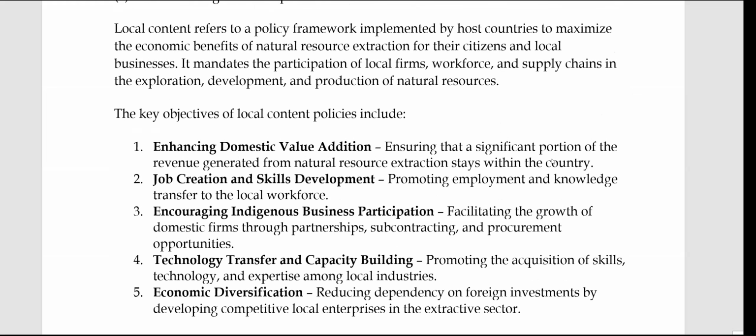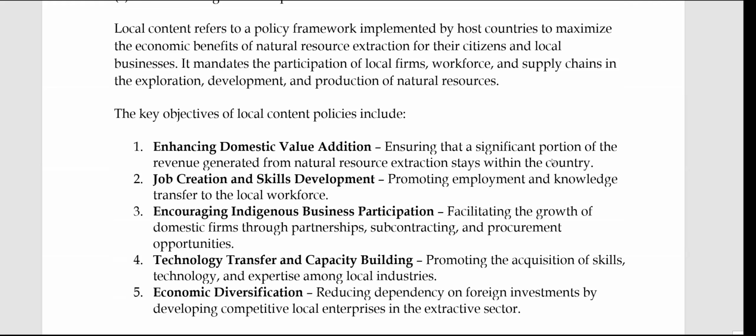The key objectives of local content policies include: one, enhancing domestic value addition, ensuring that a significant portion of the revenue generated from natural resource extraction stays within the country. Job creation and skill development, promoting employment and knowledge transfer to the local workforce.